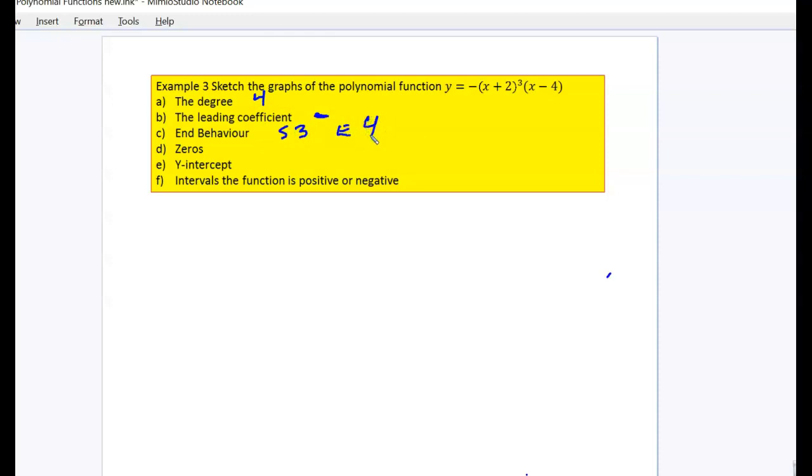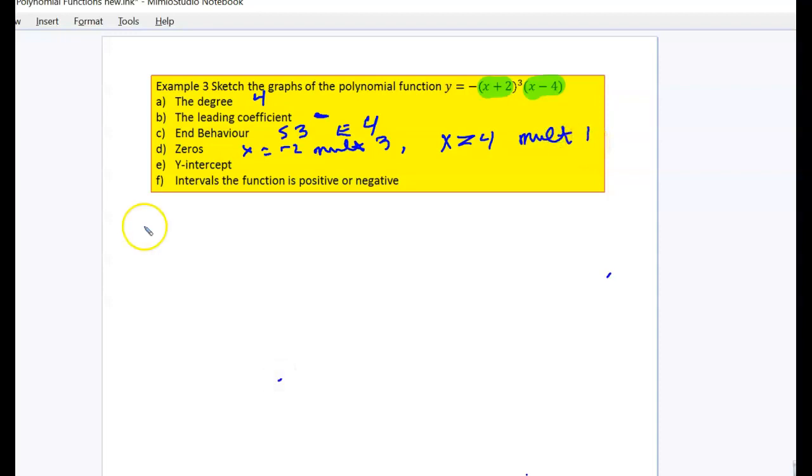The zeros, well, the first zero is negative 2. So for D, it's x equals negative 2 with a multiplicity of 3. And x minus 4 has a zero of x equals 4 with a multiplicity of 1.